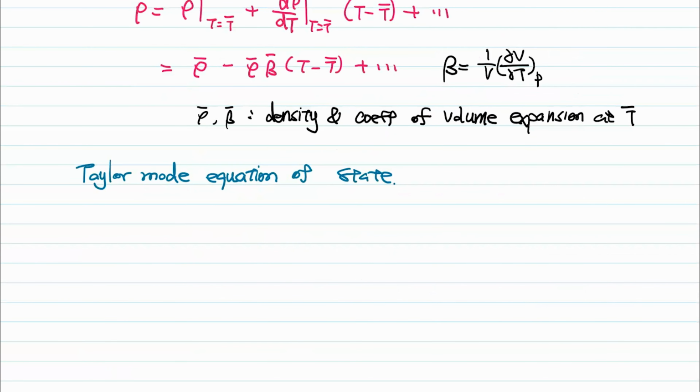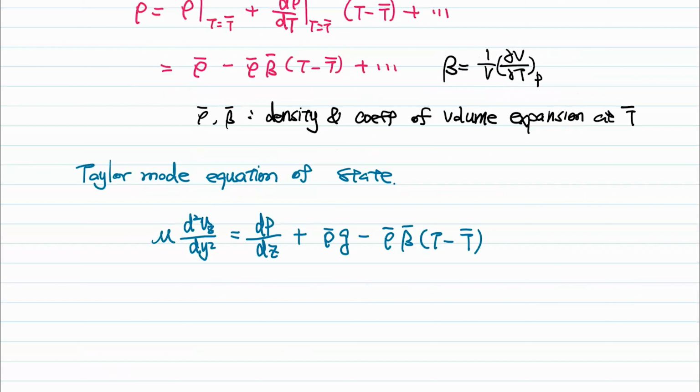Which is mu d squared vz dy squared equals the pressure gradient in the z direction plus rho bar g minus rho bar beta bar (T minus T bar). Now you see how the temperature profile is going to affect your velocity profile.